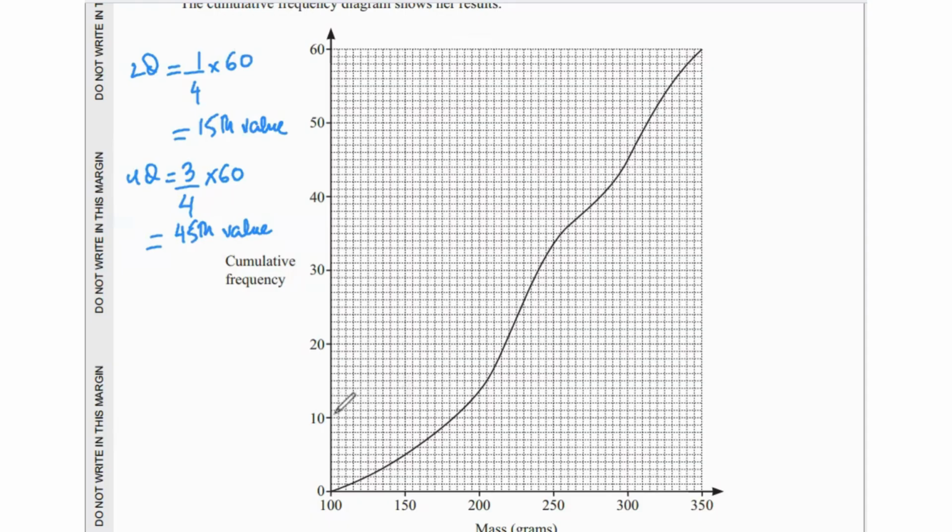So 15 is going to be 1, 2, 3, 5. Draw a line towards the graph. Then do the same. We go at 45. 1, 2, 3, 4, 5.